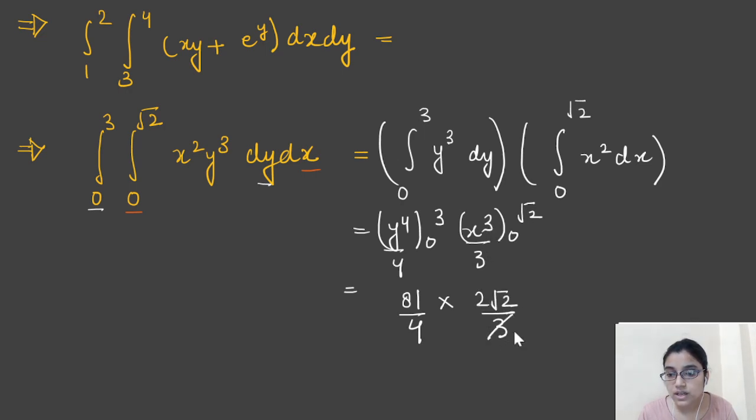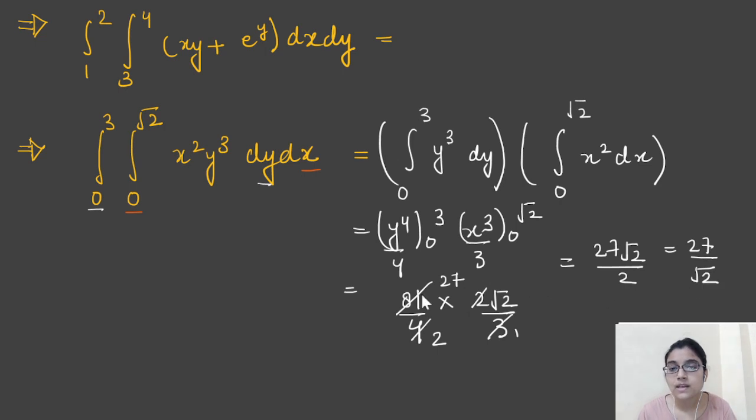So this 3 will cancel out with 81, leaving 27, and this 2 will cancel out with 4. So the answer that we'll get is 27 root 2 by 2, or we can also write it as 27 by root 2.